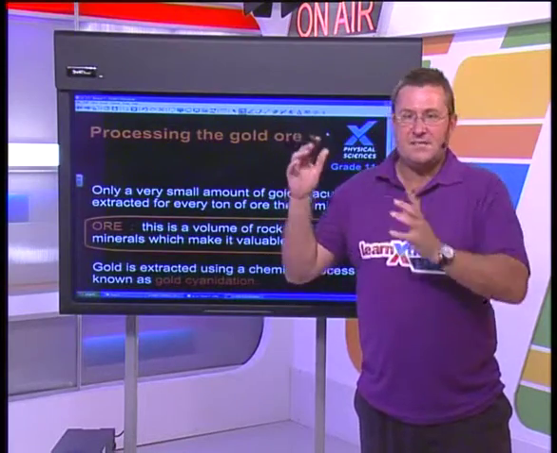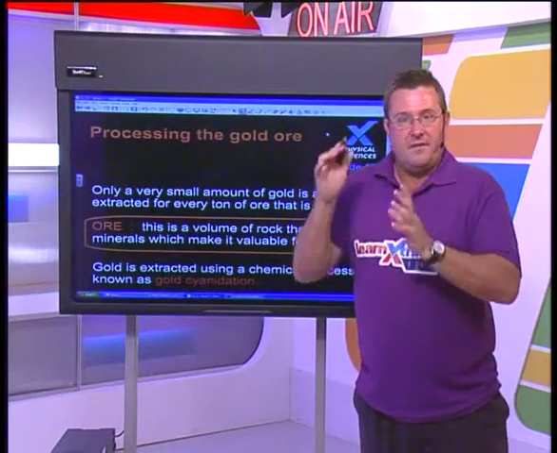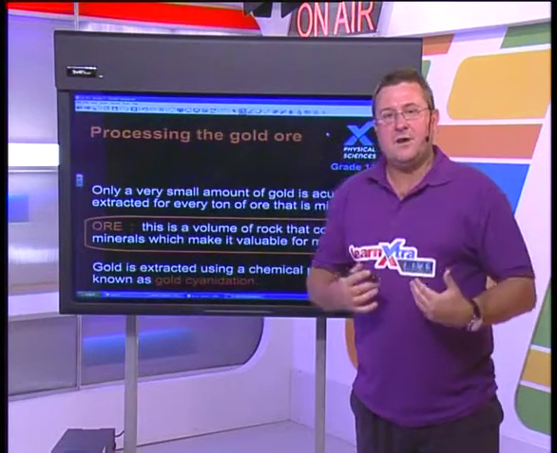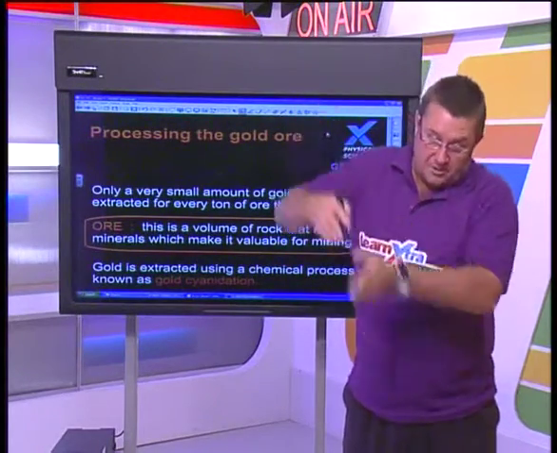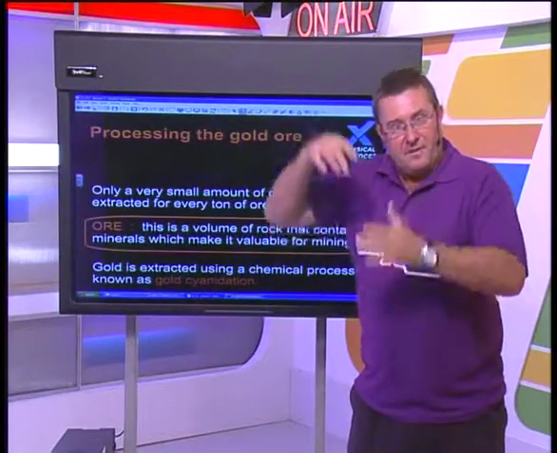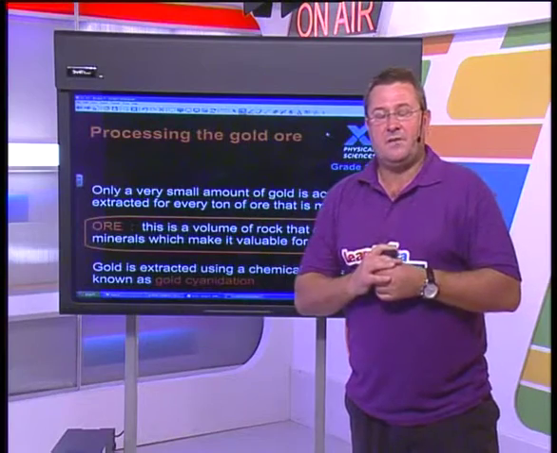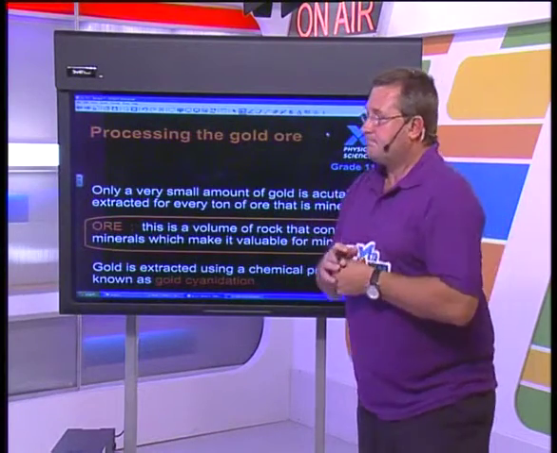As they follow the seam, they're able to work out where it's going. That's why often these mines have to go so deep, because sometimes the seams shoot downwards, and therefore they've got to go deeper and deeper to extract the gold from that seam.